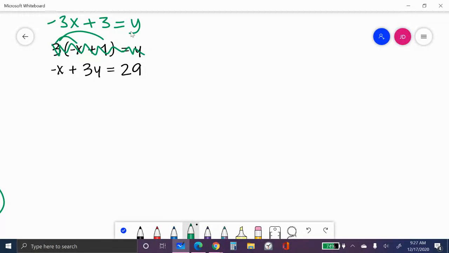So again, this y is isolated. So I'm going to take this and plug it into the y down here. So you're taking that and plugging it into the y down there.